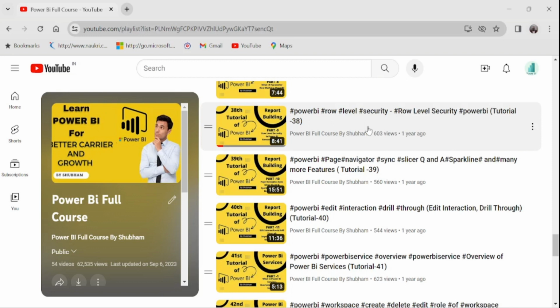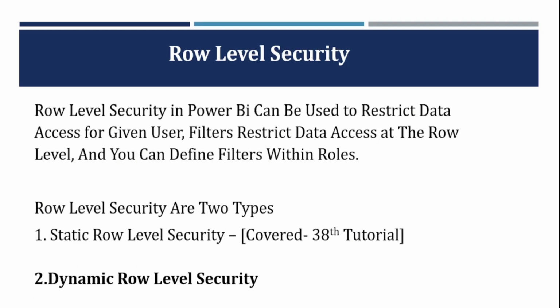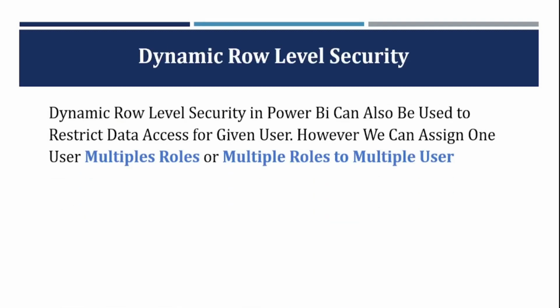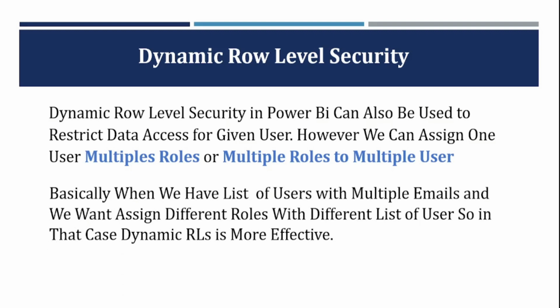Now let's understand what dynamic RLS is. Dynamic row level security in Power BI can also be used to restrict data access for a given user. However, we can assign one user multiple roles, or multiple roles to multiple users. When we have a list of users with multiple emails and we want to assign different roles to different users, dynamic RLS is more effective.